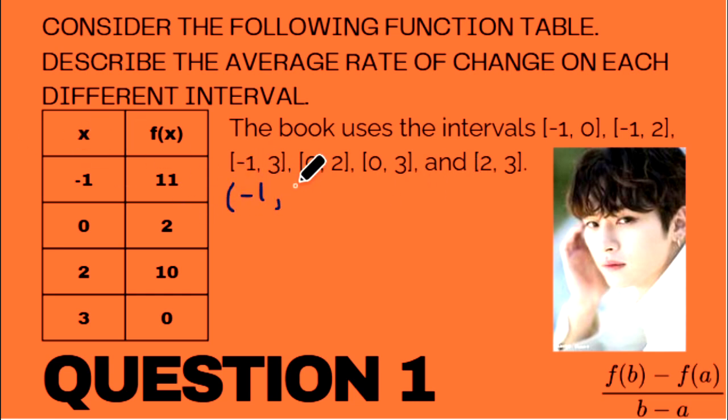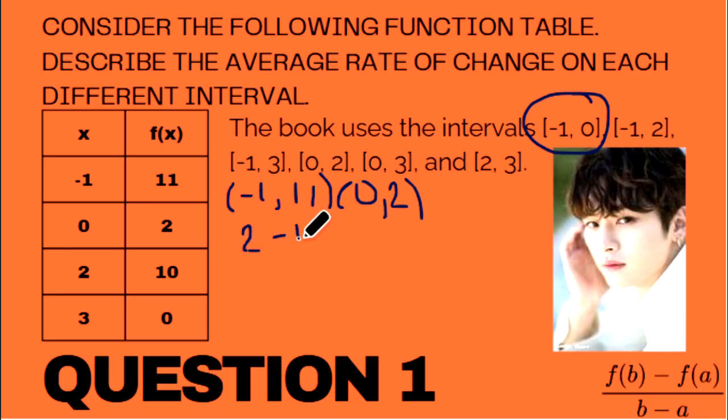Okay. So for our first one of -1 and 0, our coordinate points are going to be -1 and 11, and 0 is going to be 0 and 2. And this all ties to this one right here. So f of b is 2, f of a is 11, b is 0, a is -1, which means -9 over 1, which leaves us with just -9.